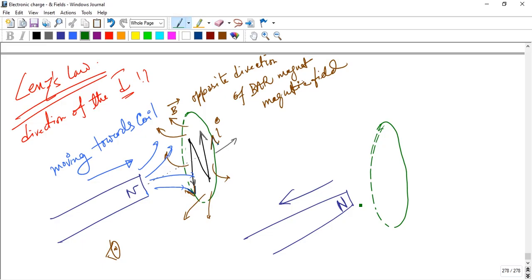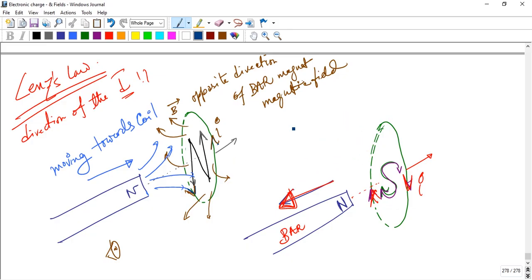Moving away from the coil, we write S. S means upward, and the current is downward. This is the direction of I. If the bar magnet is moved away from the coil, we get the current in the opposite direction.